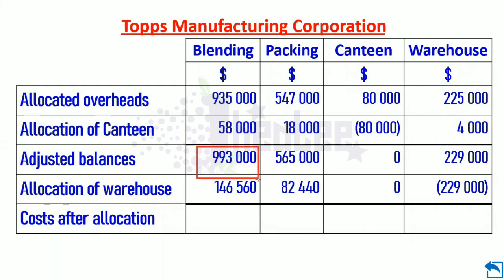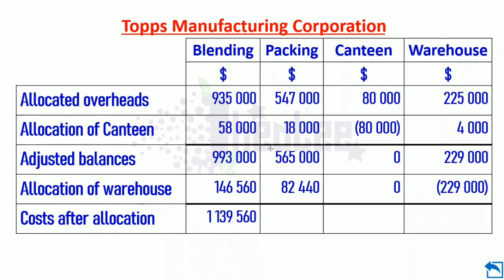To that, we had the allocated cost coming from the warehouse of $146,560, and this gives us a value of $1,139,550.